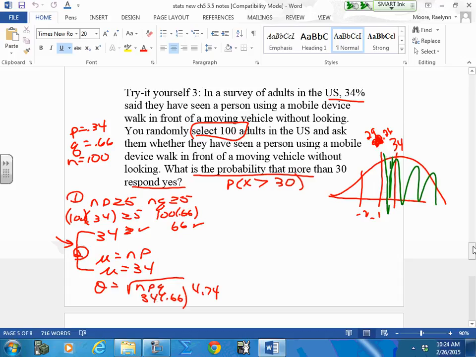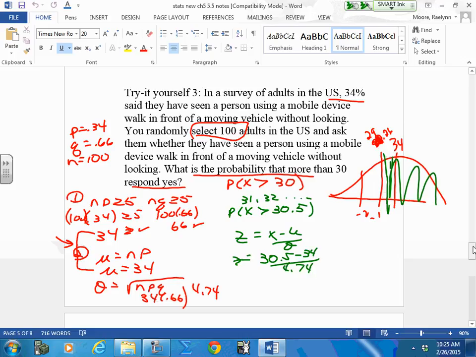Okay, now before we can do this, we have to correct this for continuity. So can I use 30? No. Nope. 31, 32, blah, blah, blah. So x is greater than, drop this guy, 0.5. Good. And here's where we can be comfortable to get to this point. We put our 30.5 minus our mean over our standard deviation.